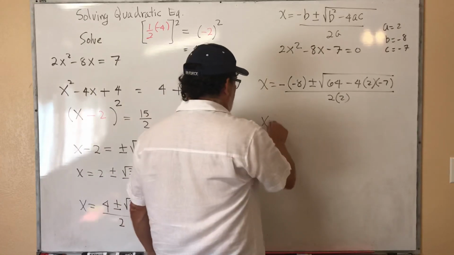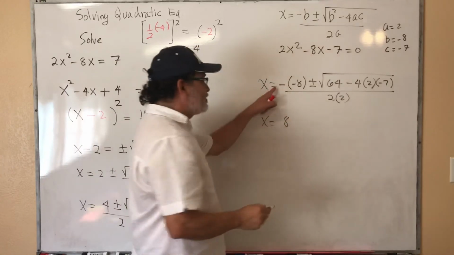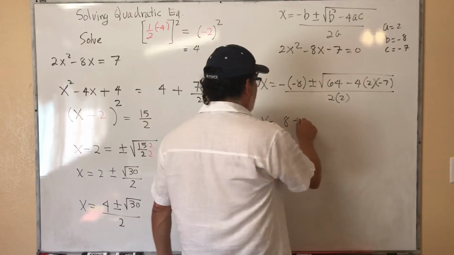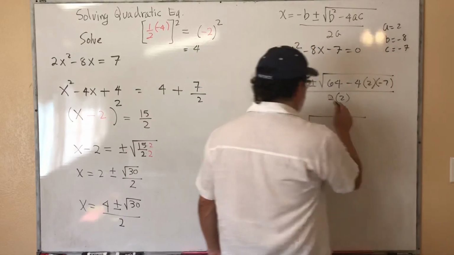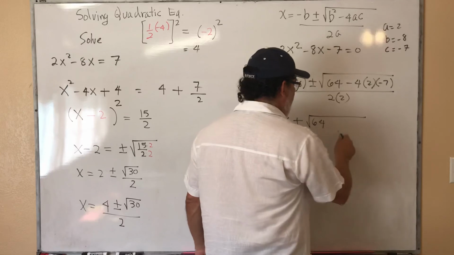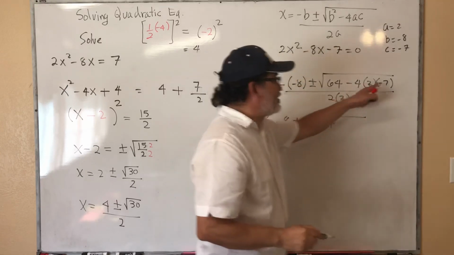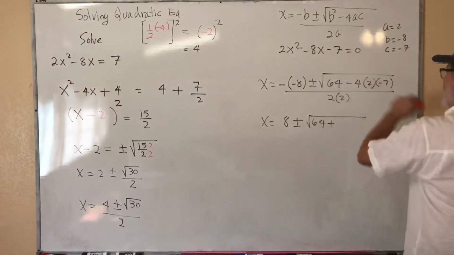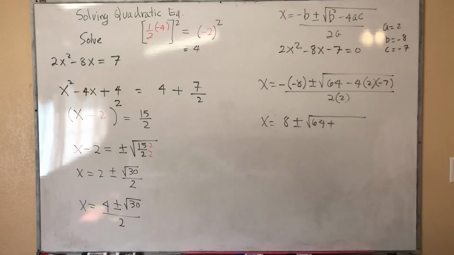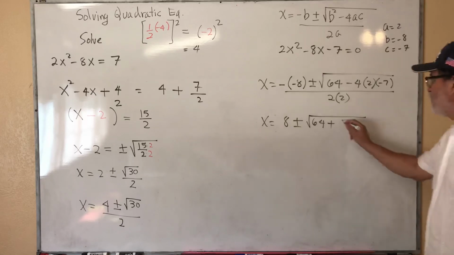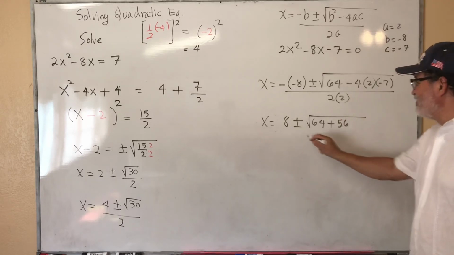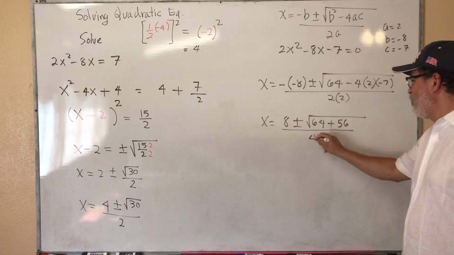So x equals 8, a negative to the negative is positive, plus minus the square root of 64, plus, because a negative to the negative is positive, 8 times 7. What is 8 times 7? 56. Plus 56, divided by 4.